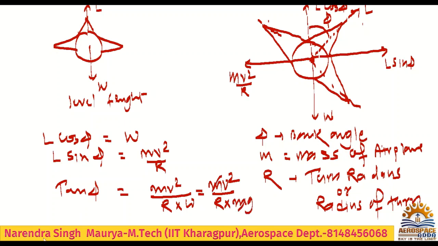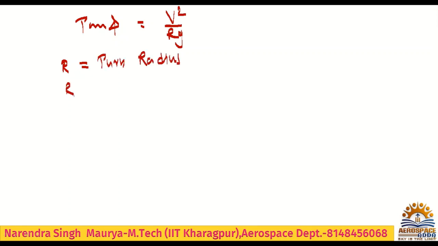Cancel out. Tan phi is v square by rg. What is r? R is turn radius. So r is nothing but v square divided by g tan phi.